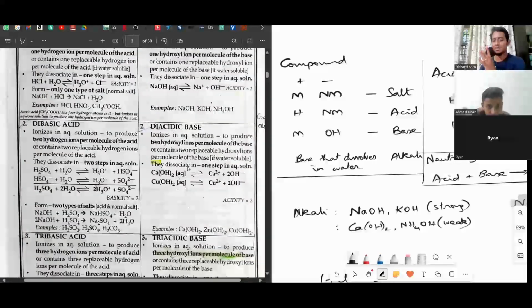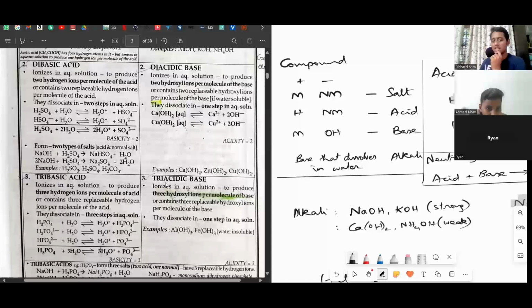Then diacidic base will have two hydroxides, like calcium hydroxide and copper hydroxide. And then triacidic base is like aluminum hydroxide and ferric hydroxide, iron hydroxide. So they have three hydroxide ions.